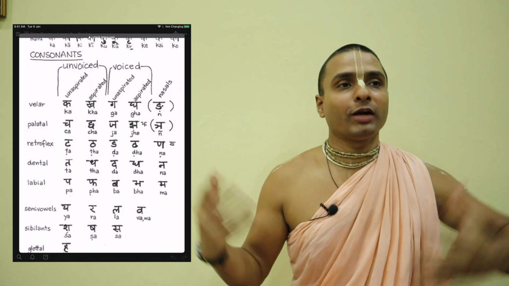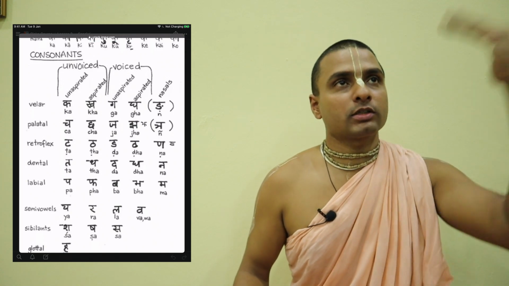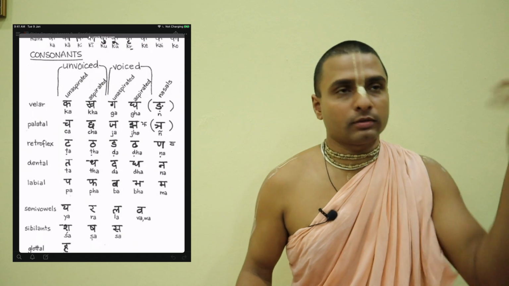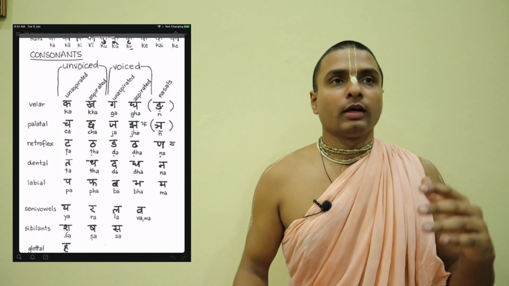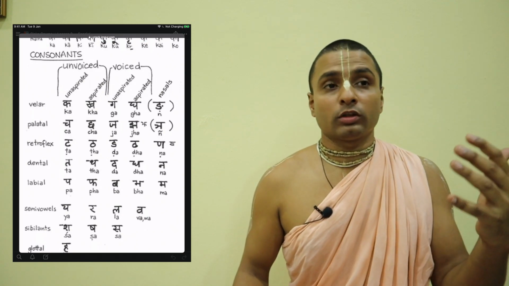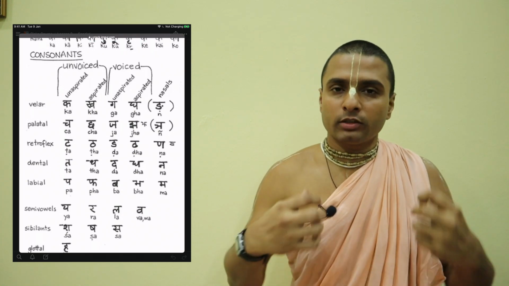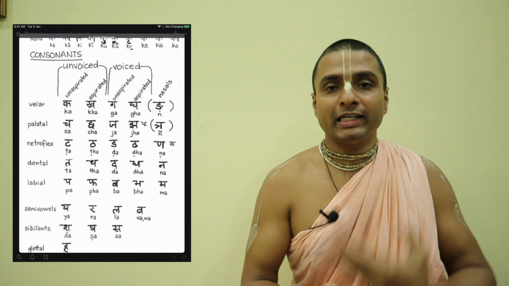But unfortunately, we were never told why it is first ka and then cha and then ta and then tha and then pa. We just learned it. There is order, but we were never taught the reason behind that order. But when we understand it, we appreciate so much more how scientific this is.